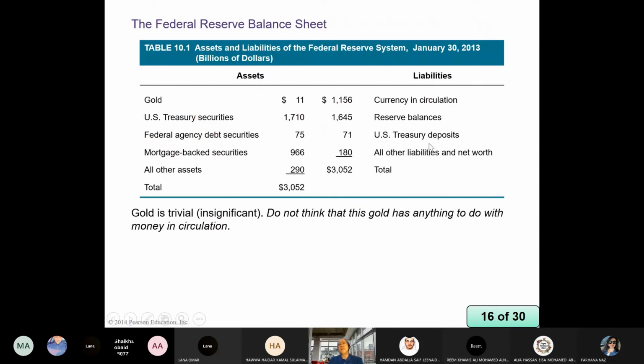This is the balance sheet of the central bank. So the central bank in the assets has something called Treasury Securities or national bonds. What is a piece of national bond? It's a piece of paper issued by the government or by the Ministry of Finance.